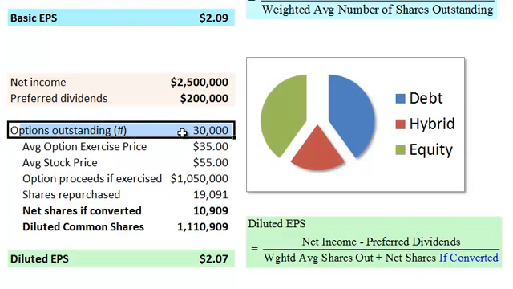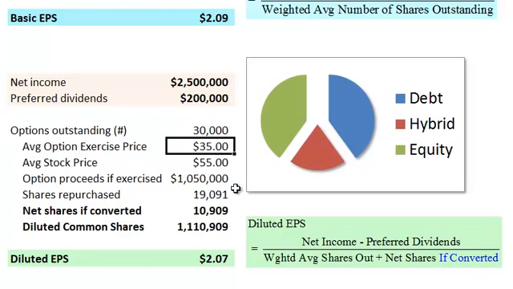So to illustrate that, I'm just taking the example of the options, and assuming this company has 30,000 stock options outstanding, so these are employee stock options, with an average option exercise price of $35. And let's say during the year the company's market stock price is $55.